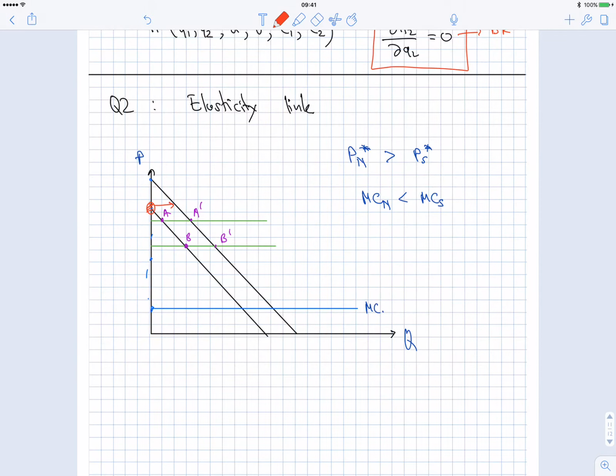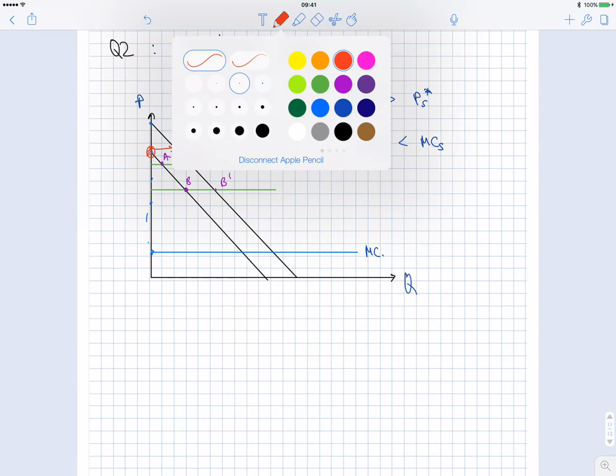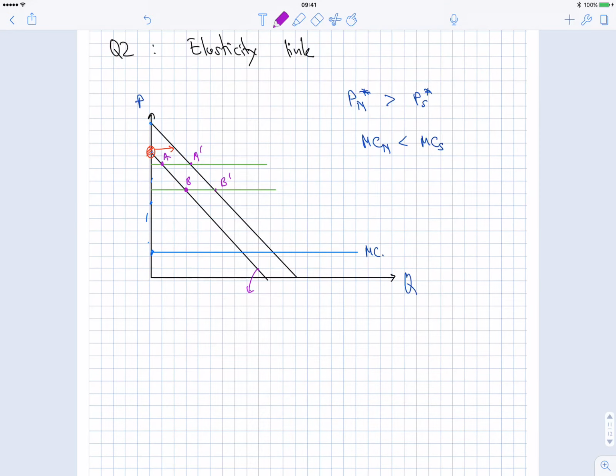Now, think of this as the residual demand for the south. Think of this as the residual demand for the north. North should have, for any given price, ceteris paribus, holding the prices constant there. So let me ask you a question.